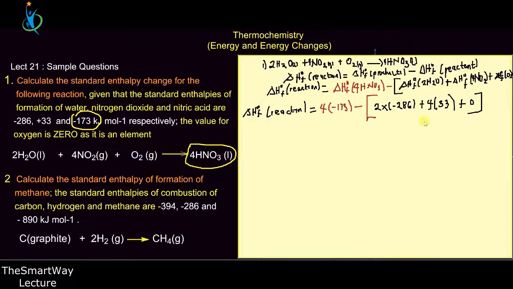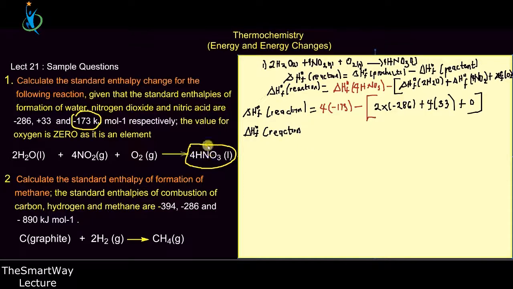So let's continue. When you do your subtraction finally, what we are going to get is the standard enthalpy of reaction for this particular reaction. It is the formation of this. Okay, so let me write that for you.